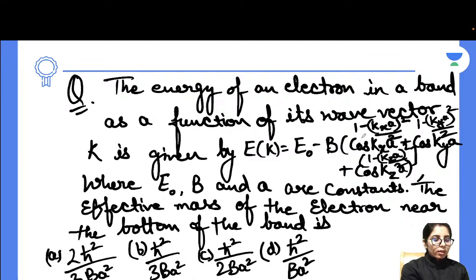Yeah, 1 upon 2 is already there. So in the numerator, whatever 2 you are getting, you will be able to cancel it out with that 2, because you have replaced the cos theta with 1 minus theta square upon 2. So you will just have ba square in the denominator. So you will be getting h cut square upon ba square, and that's how your option D will be correct.